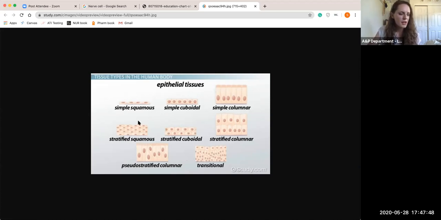Simple cuboidal and stratified cuboidal. Stratified cuboidal is very rare, so I'm actually going to lump these together to make it more simple. If it's a cuboidal tissue, whether it's simple or stratified, it's going to be found in ducts and glands.